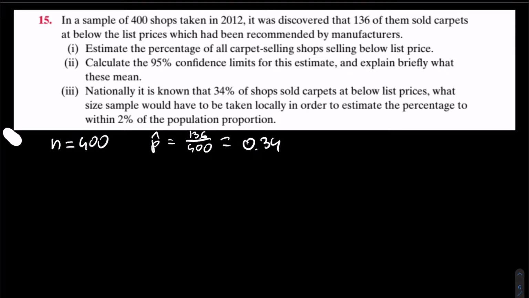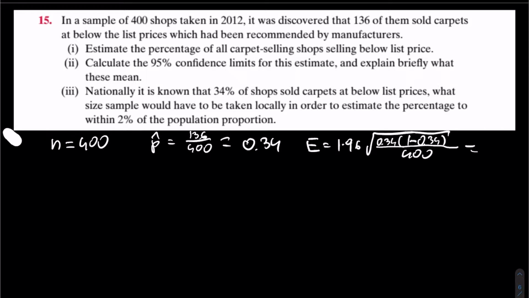So we can calculate my margin of error approximation. E equals 1.96 times the square root of p hat, which is 0.34, times 1 minus 0.34, all divided by n, which is equal to 400.